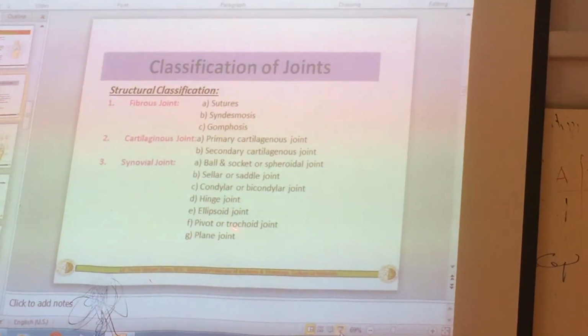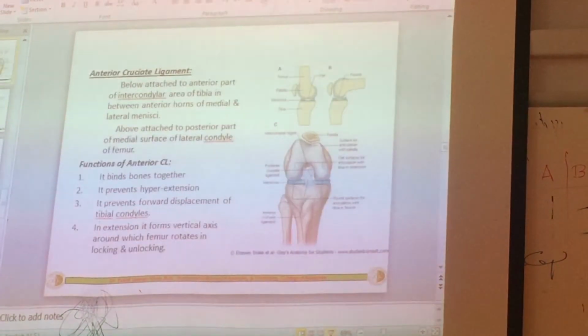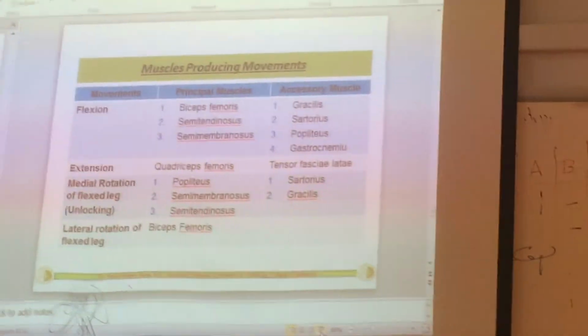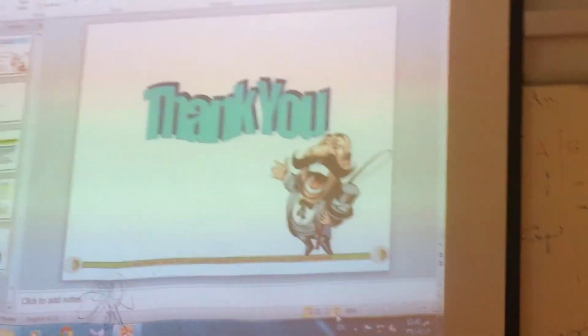So here is the plain synovial joint. This is about the knee joint, the ankle joint, as well as the hip joint and the subtalar joint.